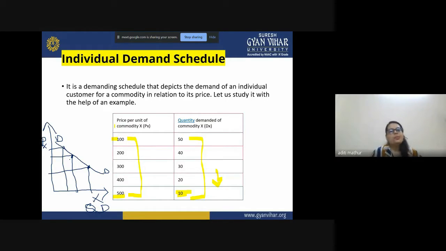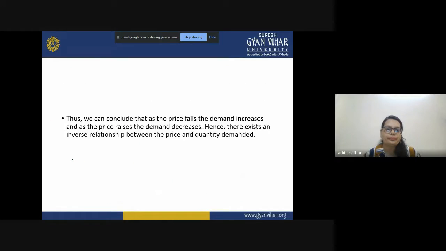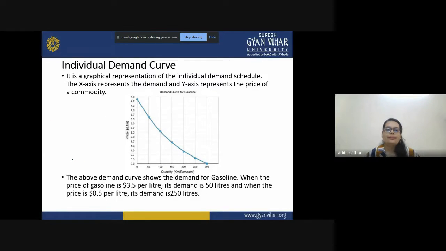So when the data of an individual customer is presented in a schedule, it refers to the individual demand schedule. When that same data is drawn on a graph, it becomes an individual demand curve, right?